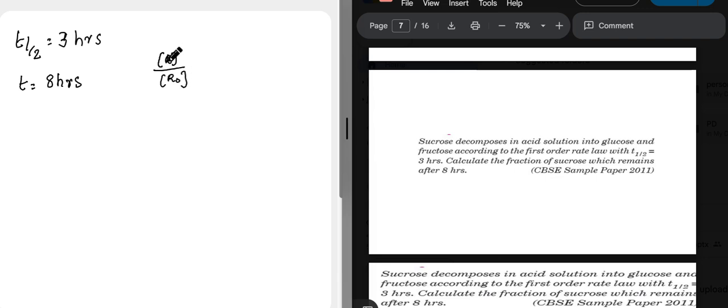The ratio R by R0 only you have to find out. Fraction of something remaining means you have to find out R by R0, not R0 by R.